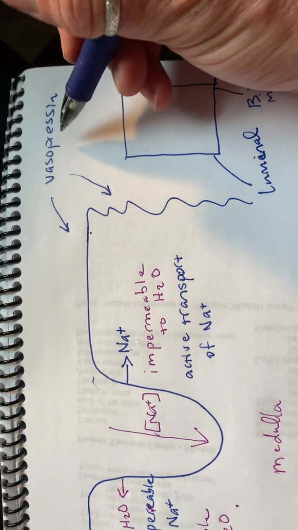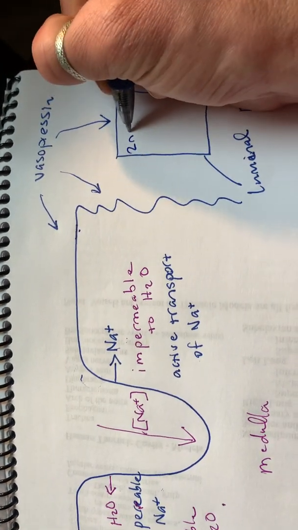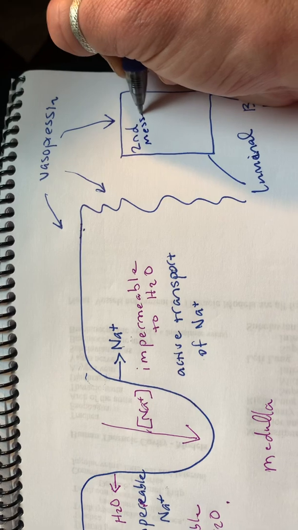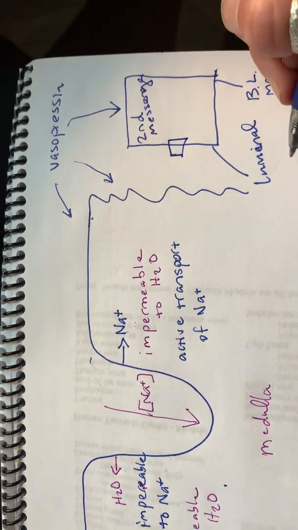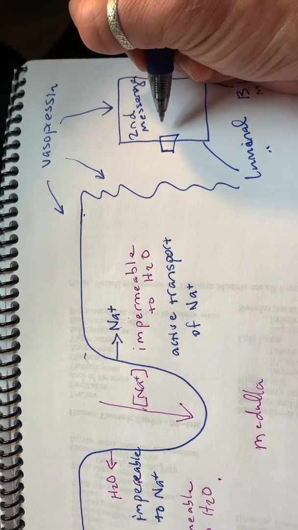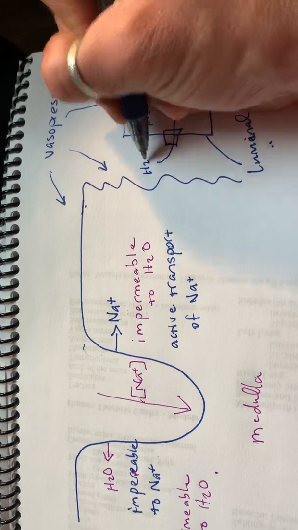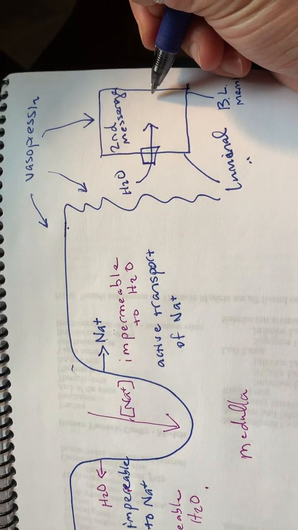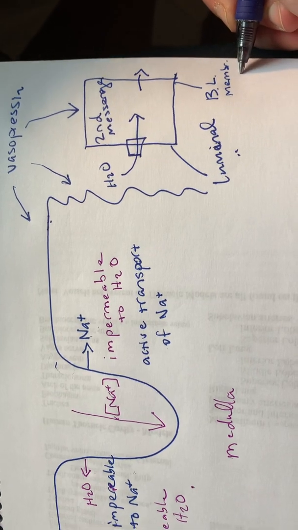And so when the vasopressin goes to these tubular cells, it's going to use the second messenger pathway to trigger the insertion of more aquaporins on that luminal membrane. Okay, so these aquaporins are going to allow water to diffuse into the cell. And then once it's inside the cell, it can diffuse out across that basolateral membrane.